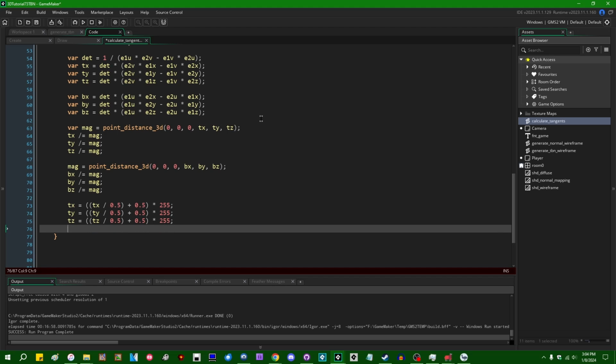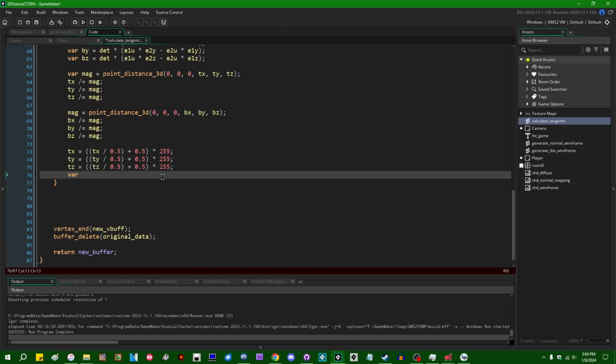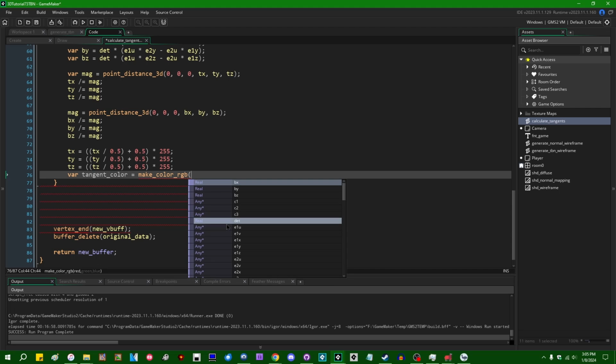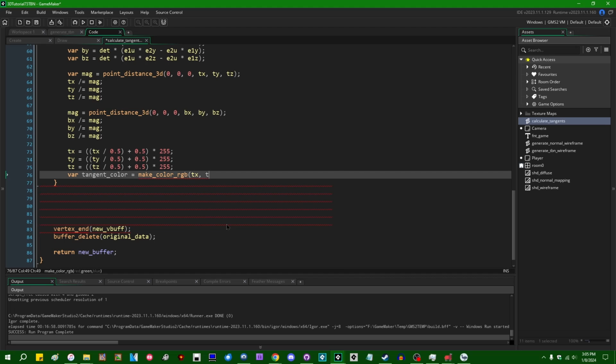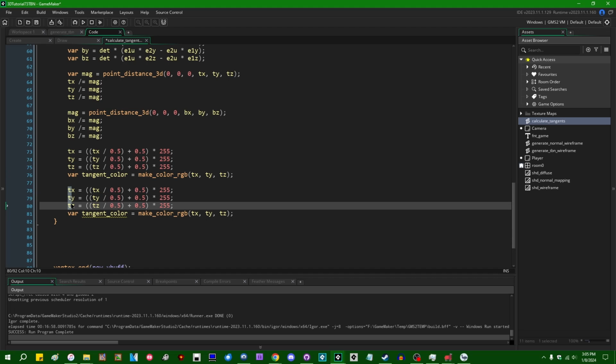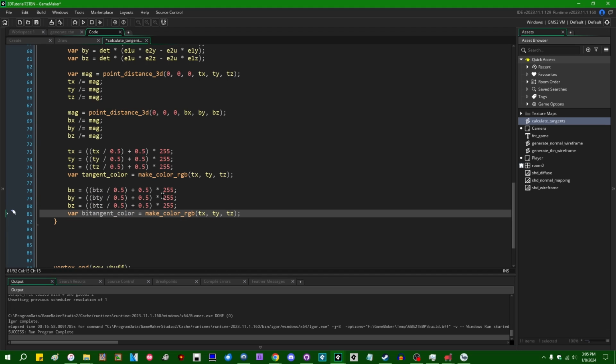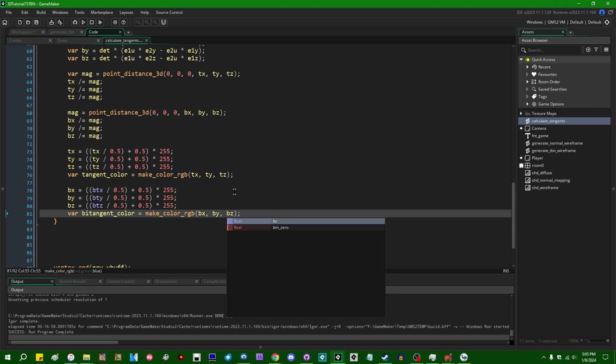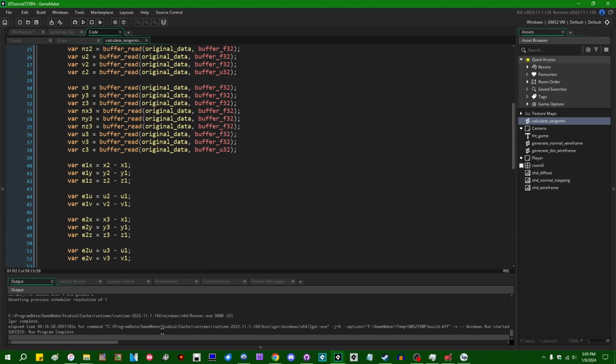And to store this as a single color value composed of red, green, and blue, I can say tangent color is going to equal make_color_rgb, red being TX, green being TY, blue being TZ. We can do the same thing for the bitangent if we want. BX, BY, BZ, bitangent color, like this. And now all of the annoying math is finished.